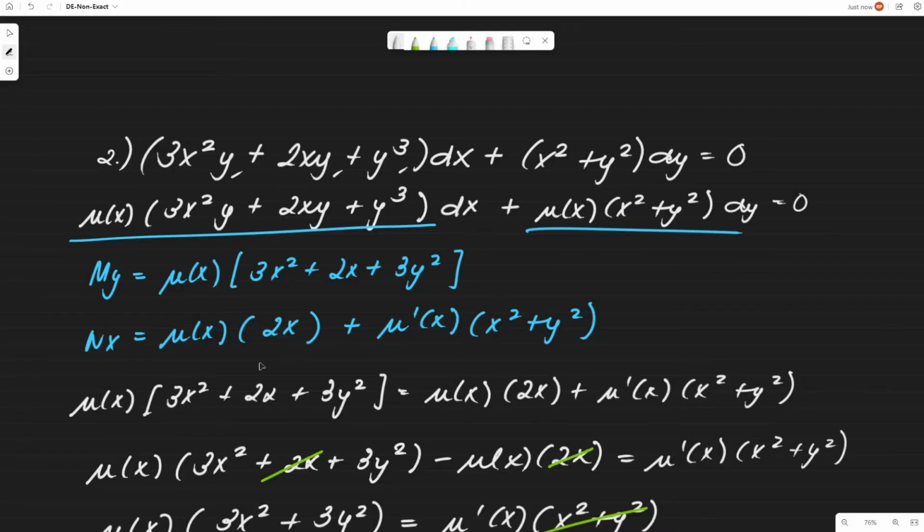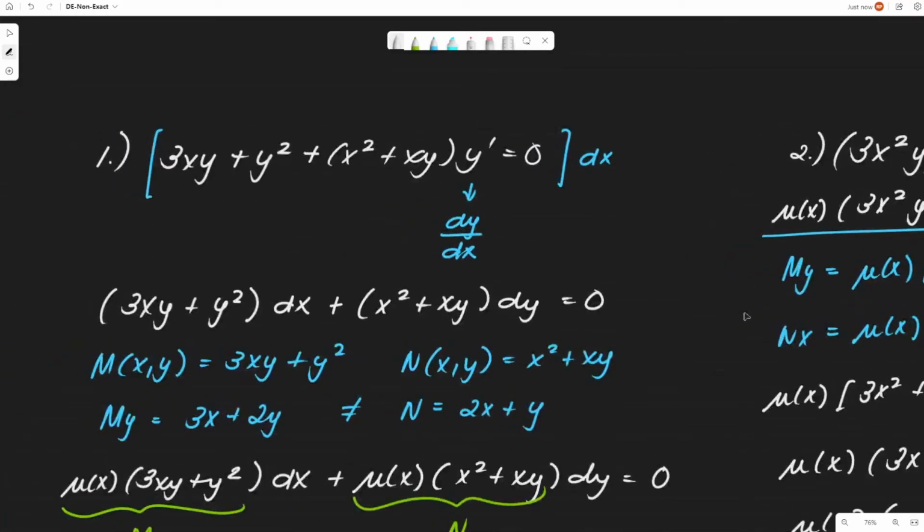In this case, katulad dito, we have x dito kasi nagkataon na parehas sila. So kasi we have xy 1 versus 3, then we have 3 versus 1. So pagka ganun mag mu of x na lang rin kayo.